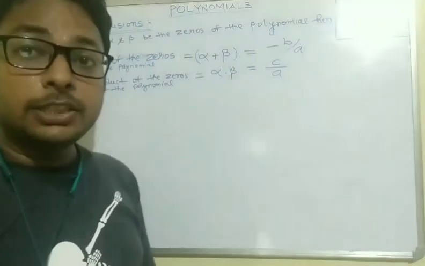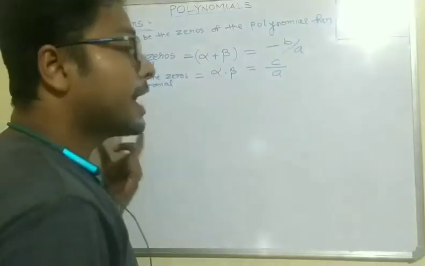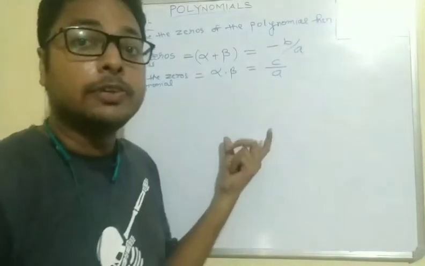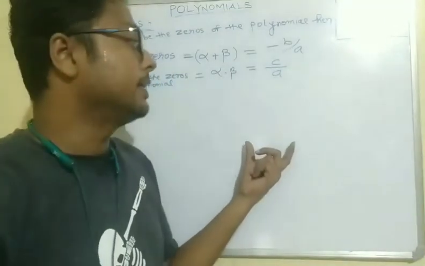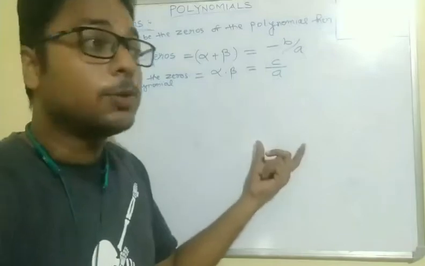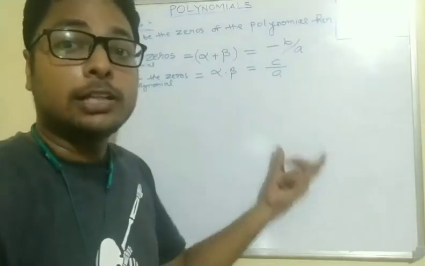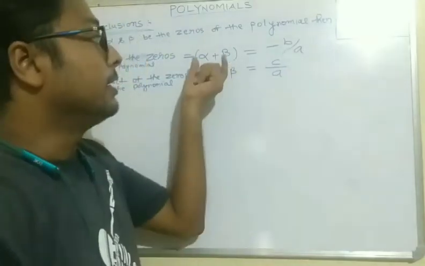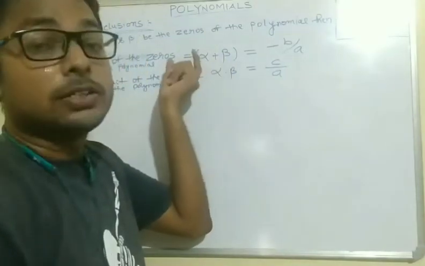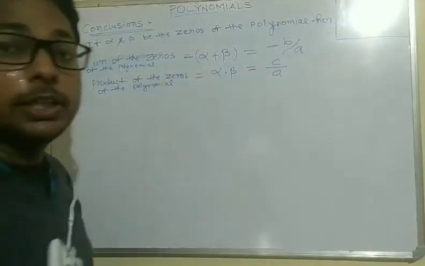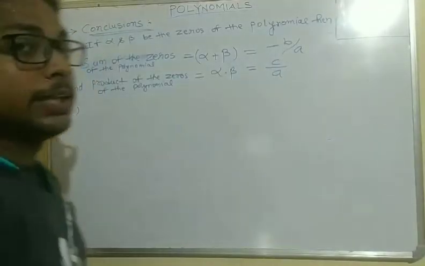If alpha and beta are the zeros of the polynomial, then the expression of the quadratic polynomial can be expressed in a different way, in terms of factors, using the sum of the zeros and the product of the zeros.